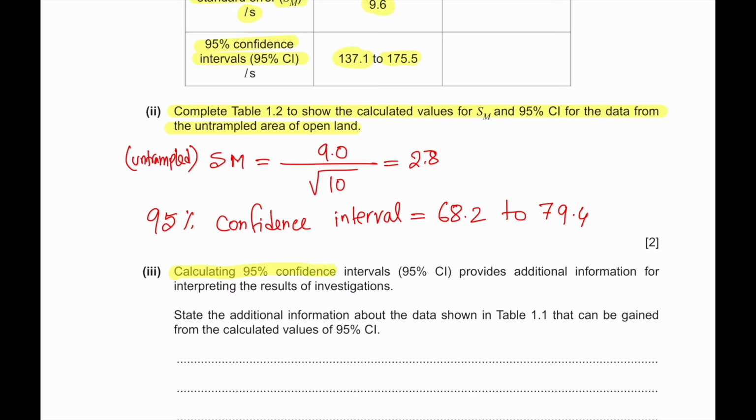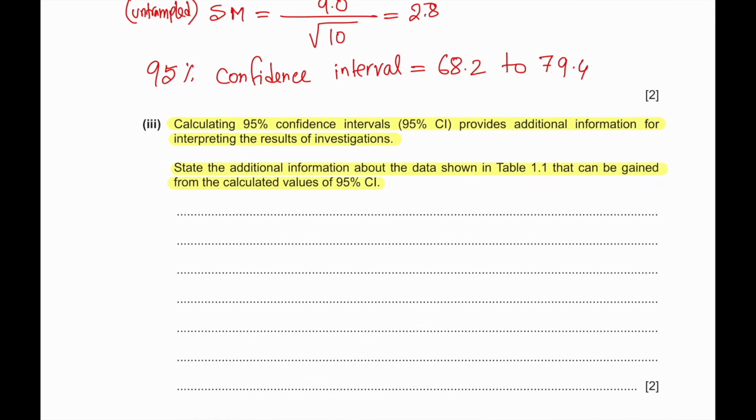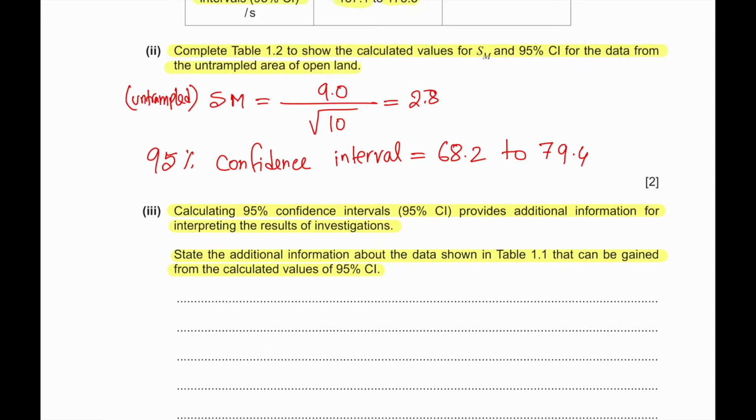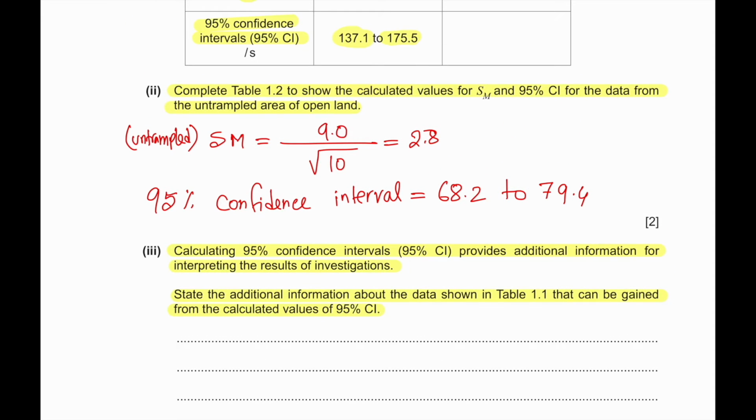Calculating the 95% confidence interval provides additional information for interpreting the results of the investigation. State the additional information about the data shown in table 1.1 that can be gained from the calculated values of the 95% confidence interval. Basically there is a 95% probability that the true average lies within these limits of 68.2 to 79.4 in the case of this untrampled area.